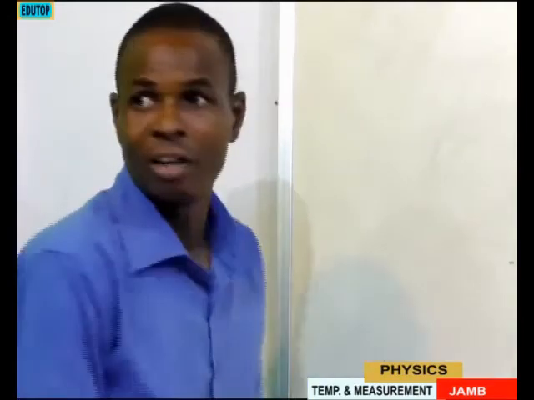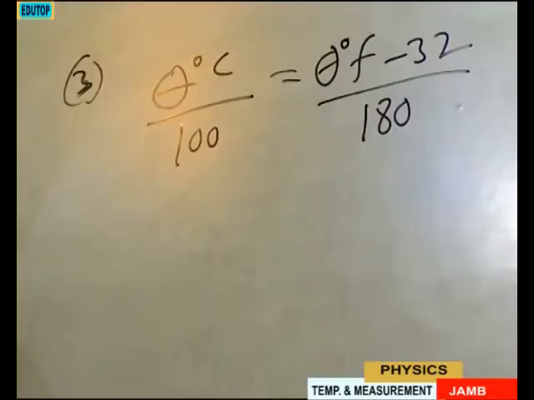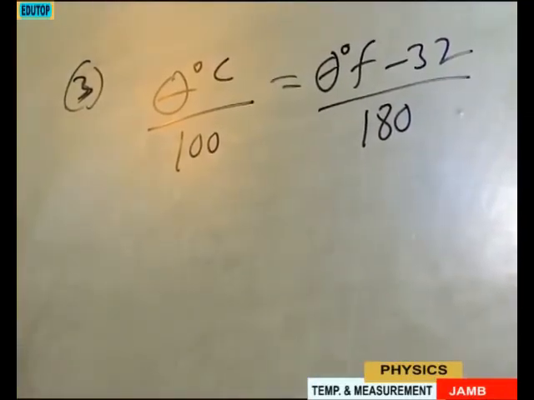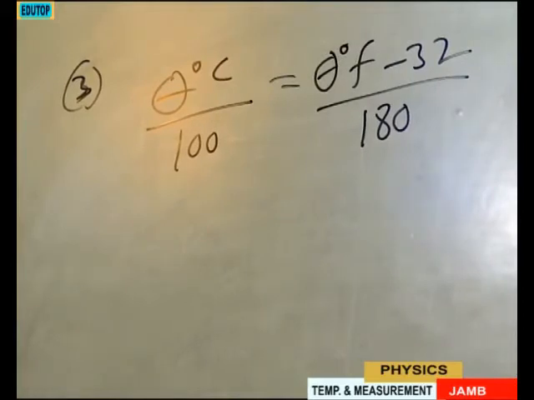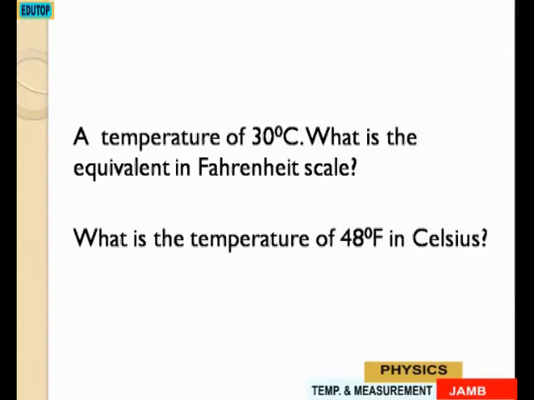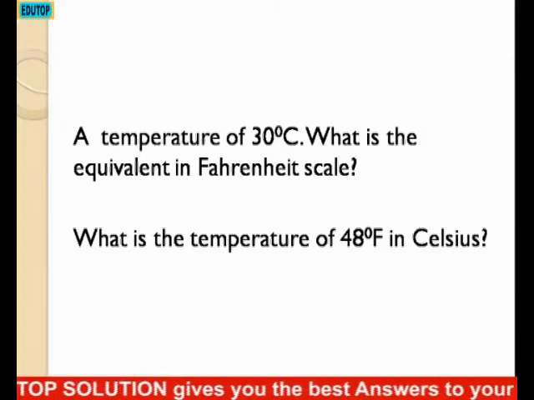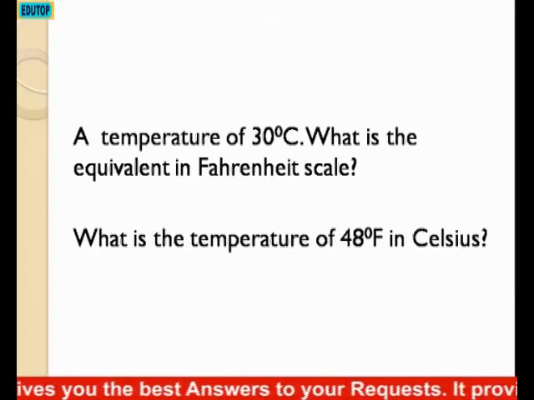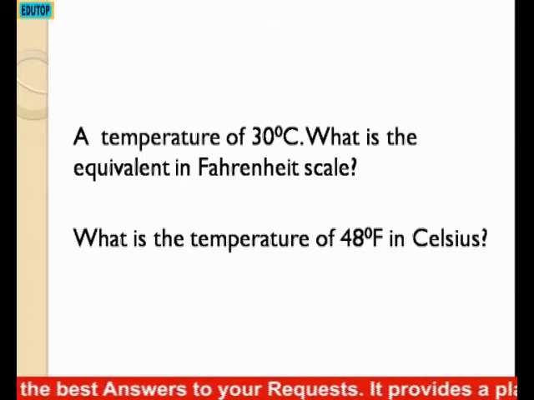Let's have this formula. So let's quickly solve that question. We are given a value in Celsius, that is in centigrade, which is 30 degrees Celsius. What will be the equivalent value in Fahrenheit? As simple as this.